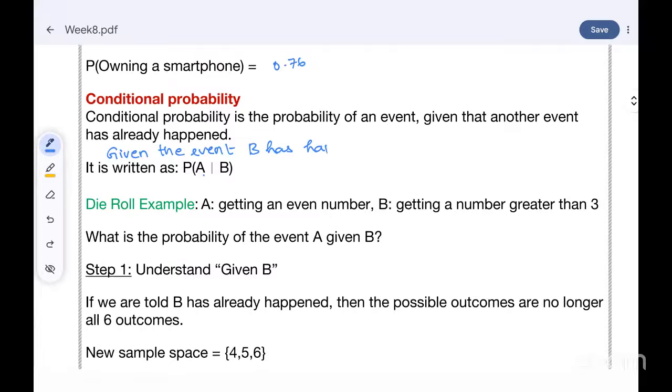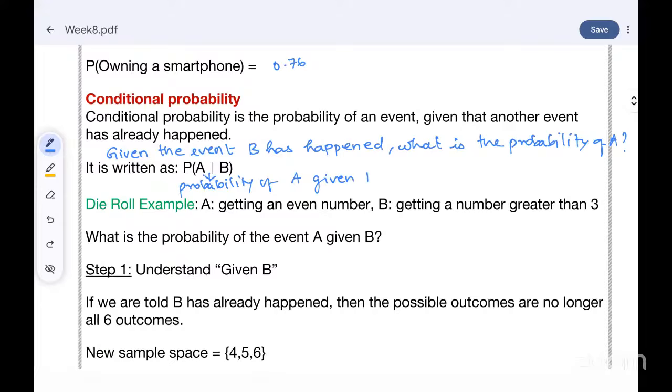You read this as probability of A given B.